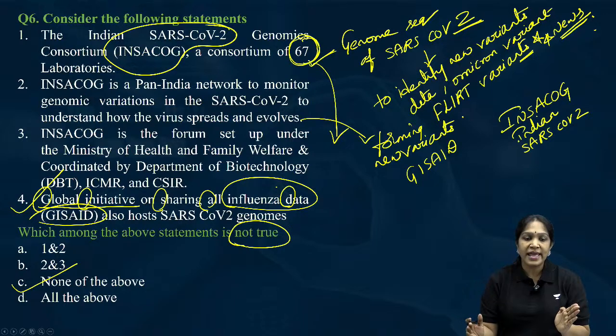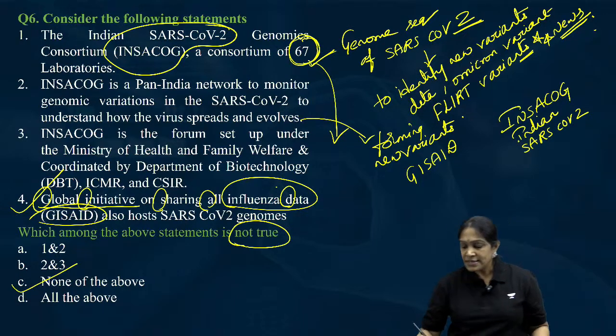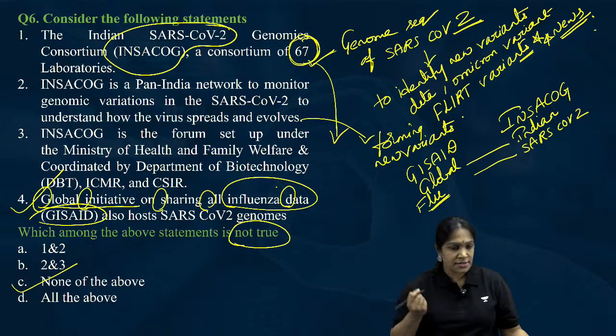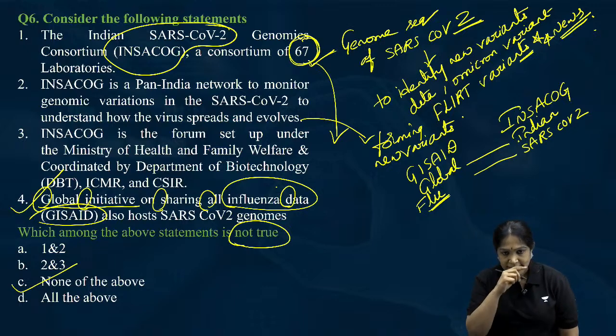That is the full name of GISAID. This is global. This is Indian, that is global. This is SARS-CoV-2, this is flu virus. This is related to the flu virus.